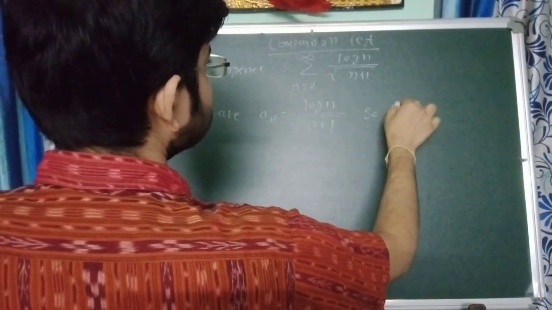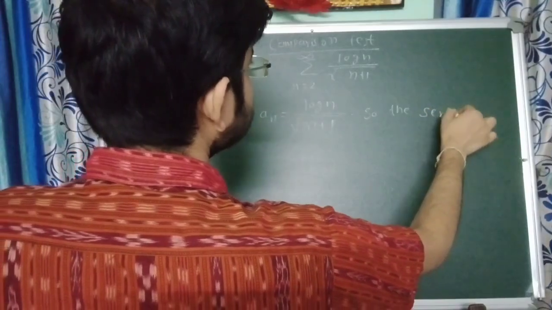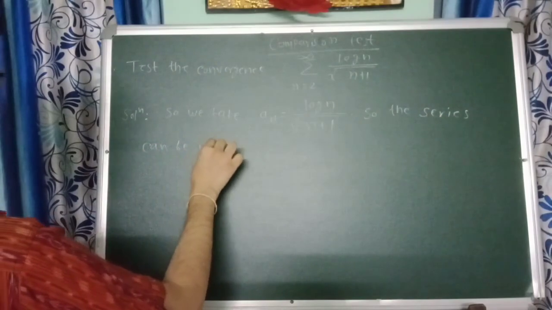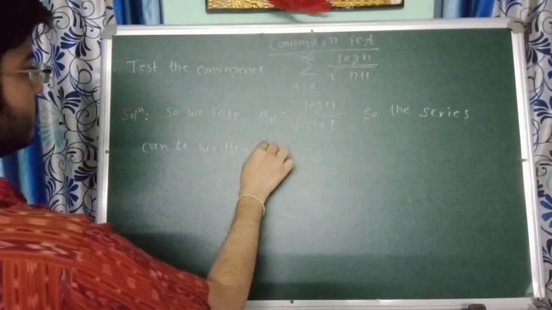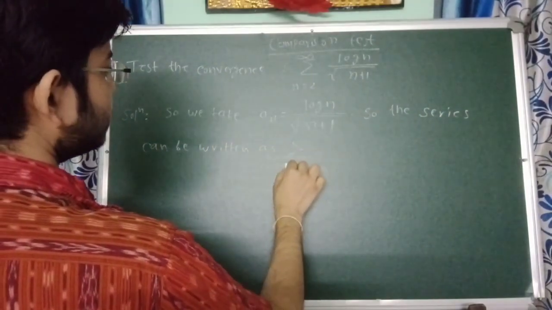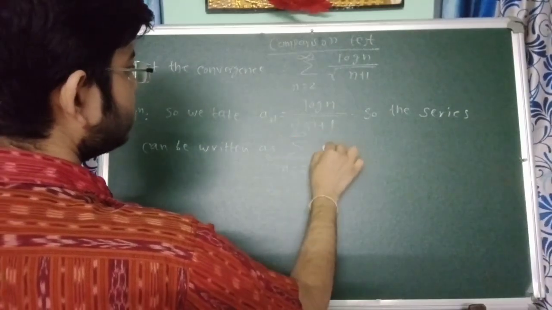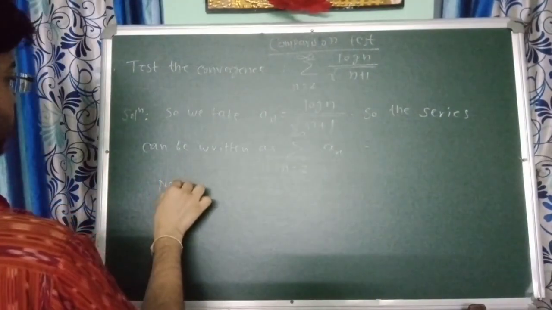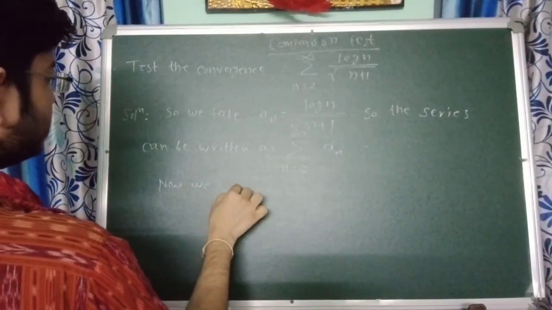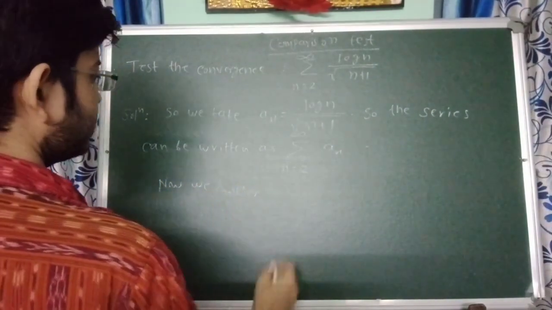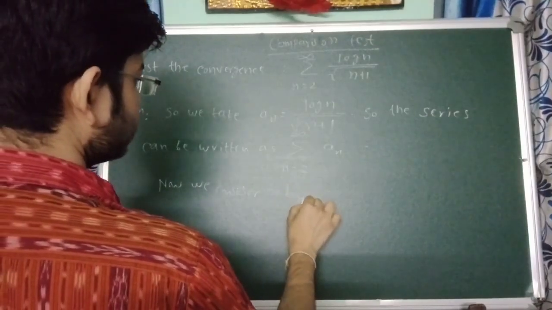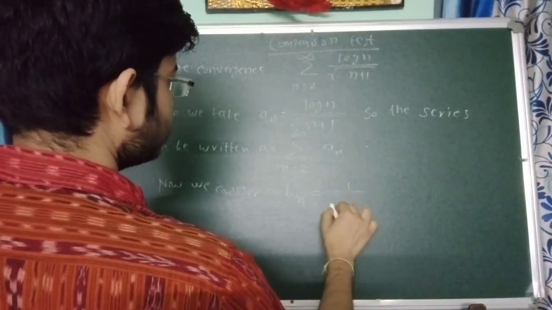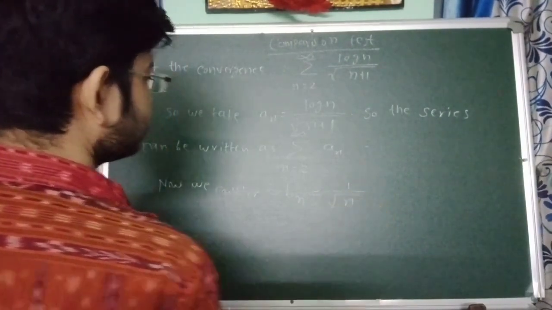So the series can be written as summation n equals 2 to infinity a_n. Now we consider b_n equals 1 by square root of n.